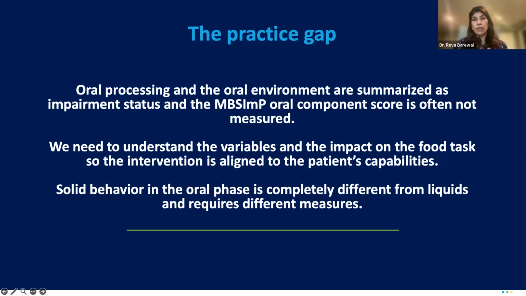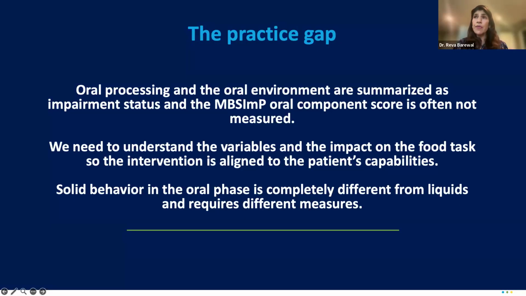And that matters because the intervention should match the limiting variable. For example, if the problem is oral architecture, the answer may be different than if the problem is lingual control. And if the food is simply asking too much of the available system, changing the task may tell us more than assigning a more restrictive diet.